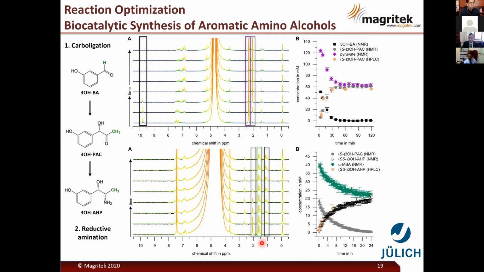And then the signal here at 1 ppm, boxed in black, corresponds to the methyl group of the final product. And we can see its concentration increase to about 20 millimolar at the end of the reaction. Again, they also took offline HPLC measurements, highlighted in orange, and the concentration values measured by NMR and HPLC agree very well with each other.